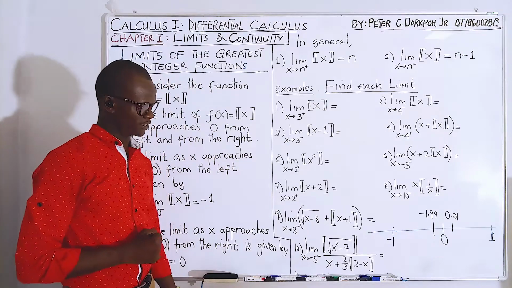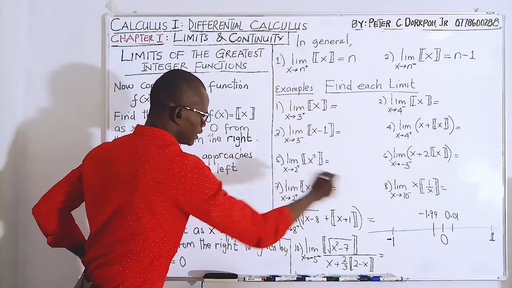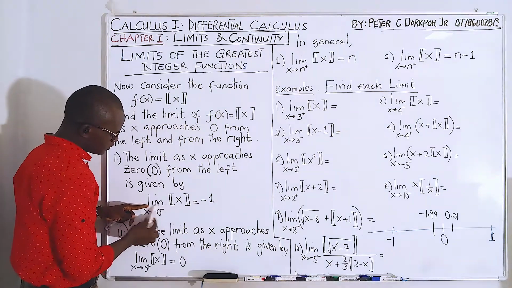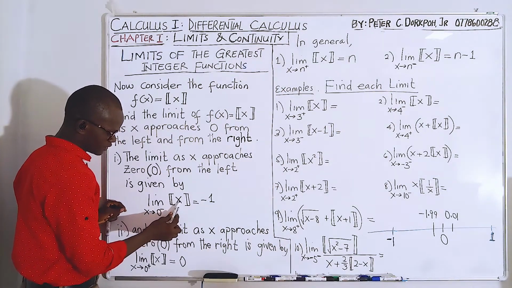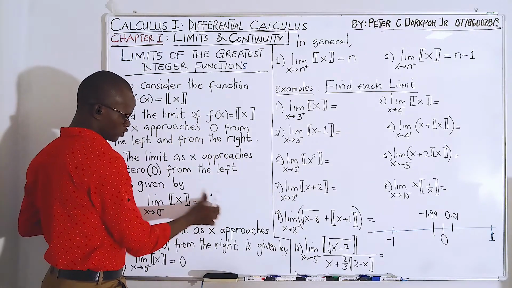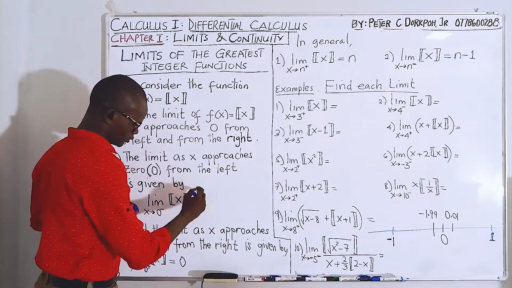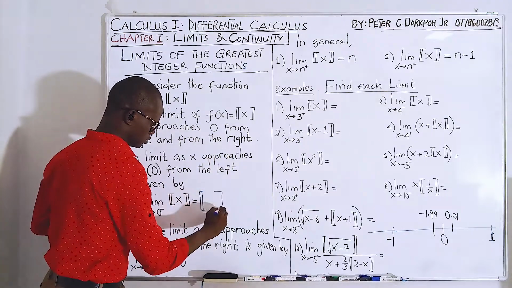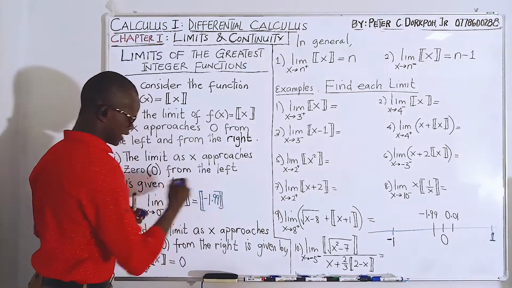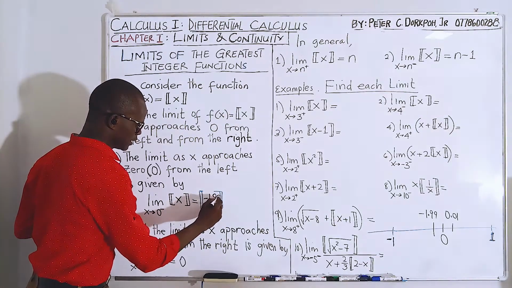So if that is the case, let's try it within our limit. If we take the left value, which is negative 0.01, then the limit of the greatest integer function of x as x approaches 0 from the left, let's assume we don't know this minus 1, could possibly be negative 0.01.